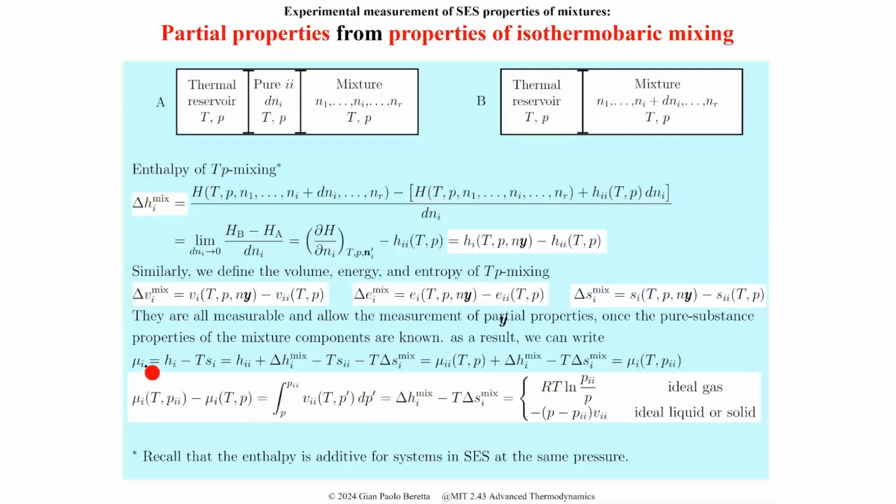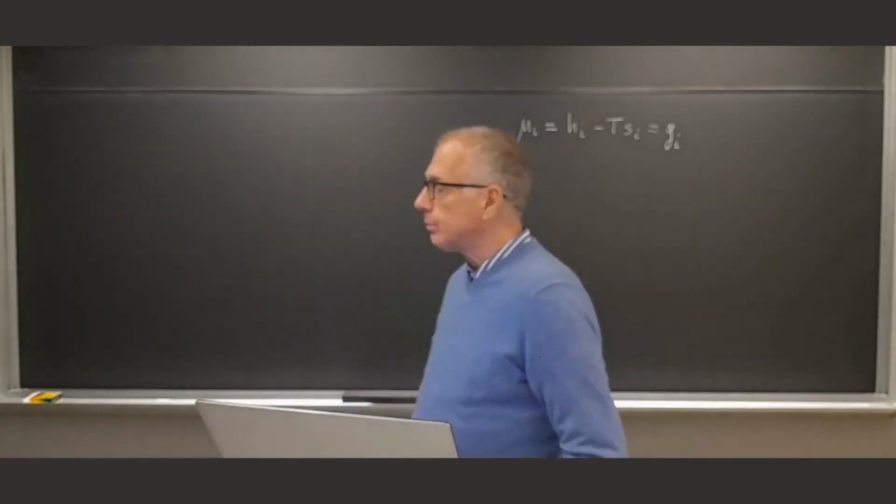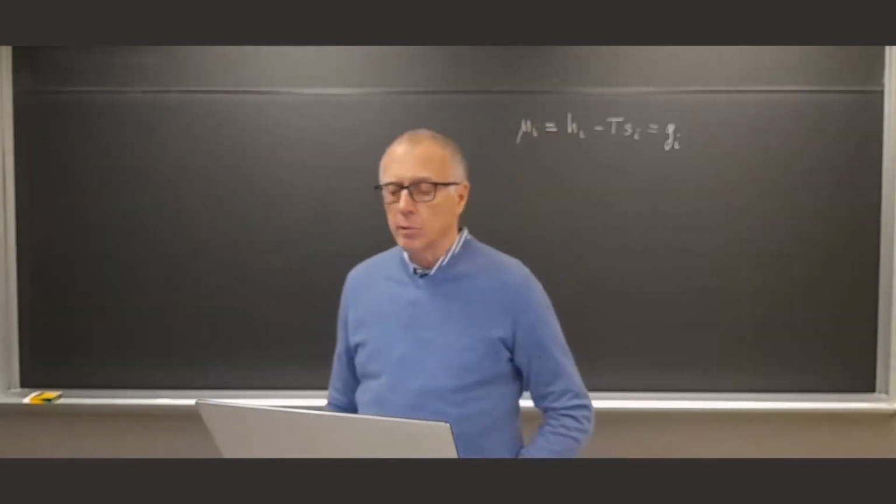So the chemical potential of a constituent in the mixture is also equal to the chemical potential, and here there is also another mistake. This should be a double I. This is the chemical potential of the pure component on the other side of the semi-permeable membrane.